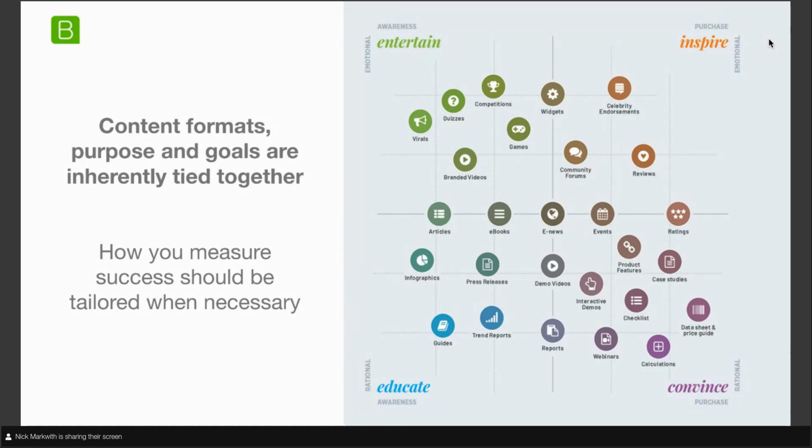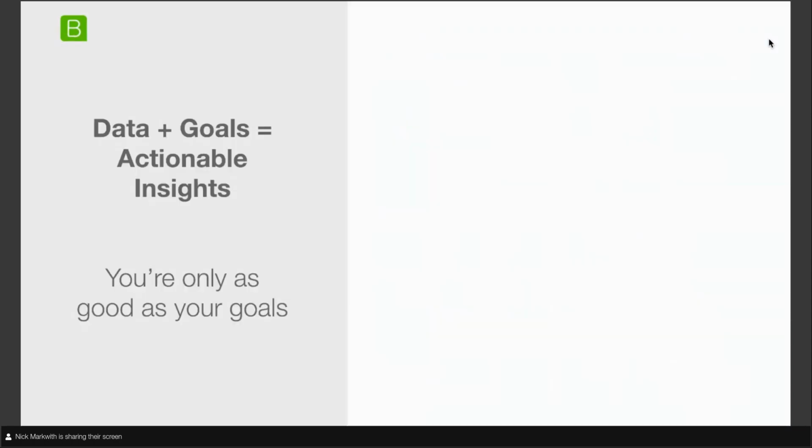I think webinars are a format, and depending on how you approach the content, you can have it be more purchase related, or you can have it be very discussion oriented and very much about inspiring and entertaining, or really educating. So just because there are certain goals in certain formats and they tend to be highly correlated, it doesn't mean that they fall cleanly into one bucket or another.